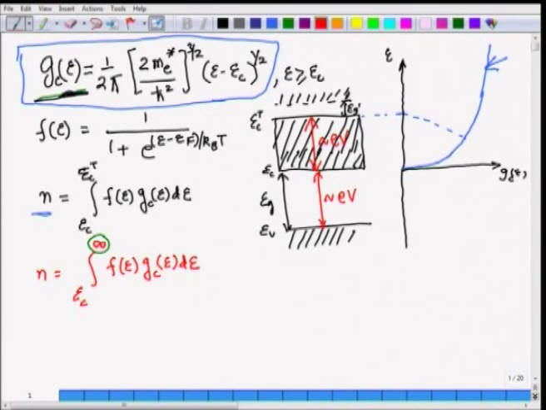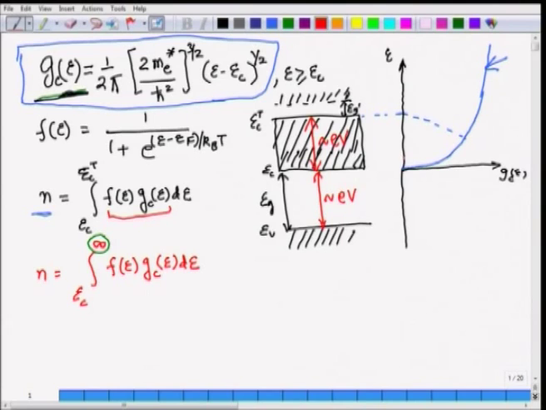What we will see is that as we go above EC, while this function Gc continues to increase as a square root of E, this product will go to 0 beyond some value.